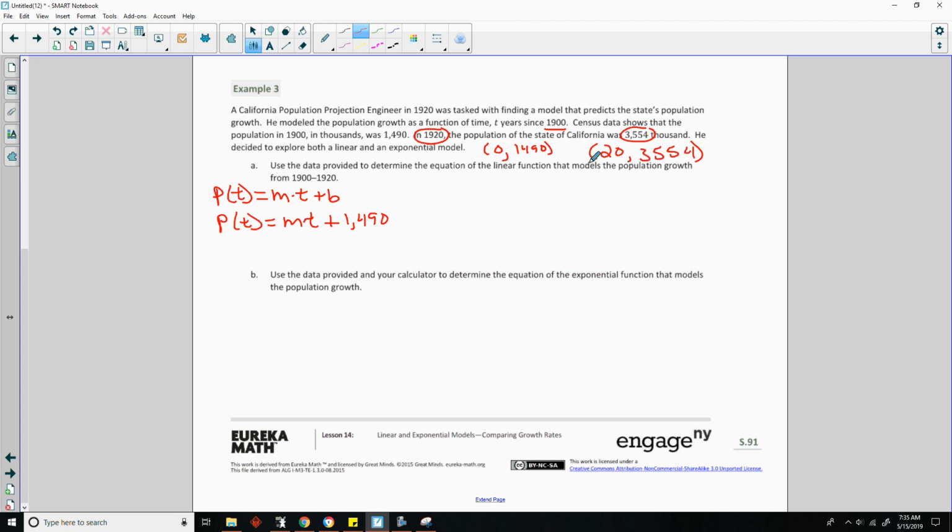So I put 20 in for t. My 20 is my t, and my P of t is 3,554.